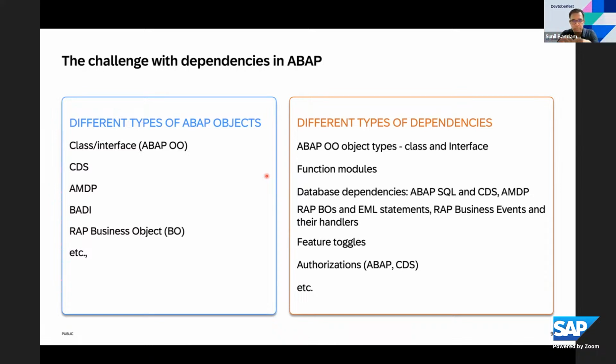It could be feature toggles, authorizations, both from the ABAP classic authority checks as well as from the access control logic in CDS. So like that. So now when I'm testing a particular type of ABAP object, managing these different types of dependencies will pose a problem for us while writing stable unit tests.